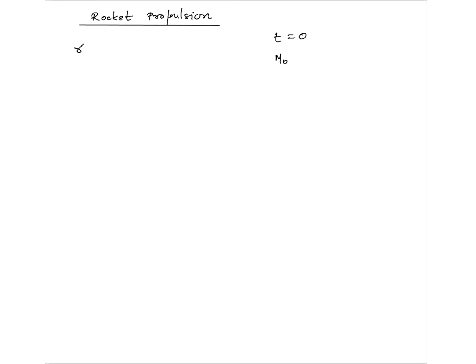At time t, gases are coming out at constant rate, so mass falls. At time t, mass becomes capital M. Let me also say that R is a positive number. So obviously, M will be M0 minus Rt. We are assuming R to be constant.